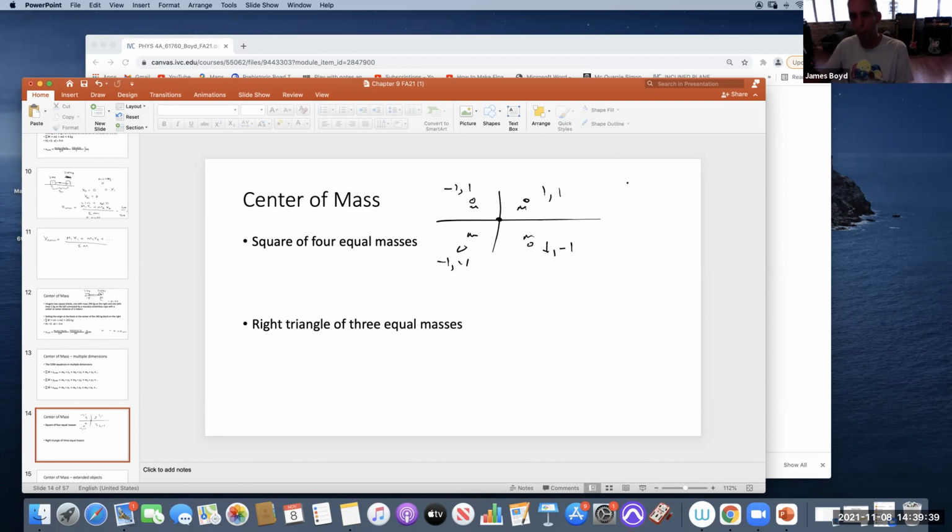So it'd be 4m, and let's say m is also 1 kilogram. I don't care. To find it in the x and find it in the y, x of the center of mass and y center of mass are m1 x1 plus m2 x2 plus m3 x3 plus m4 x4 divided by the sum of all the masses. Same with the y.